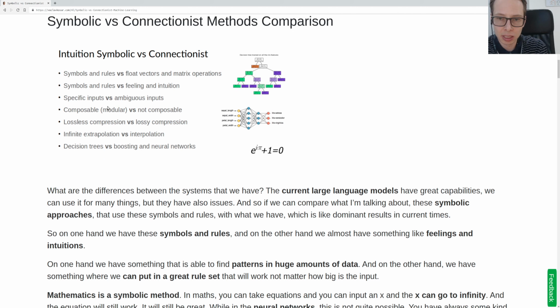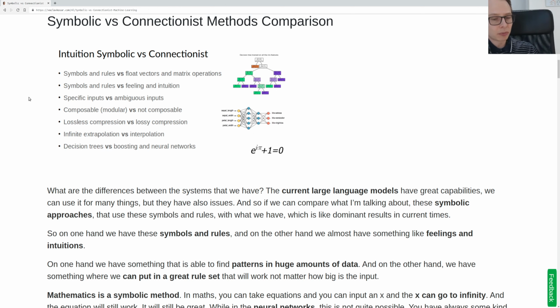Also, if you think, for example, of mathematics, maybe you remember some kind of equation that you used in the past. So all these equations where you have an x, for the x you can put 100,000, million, 10 million, trillion, gajillion. It extrapolates to infinity.